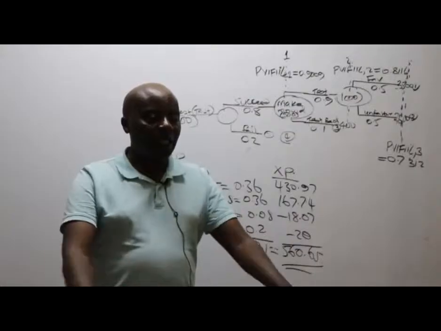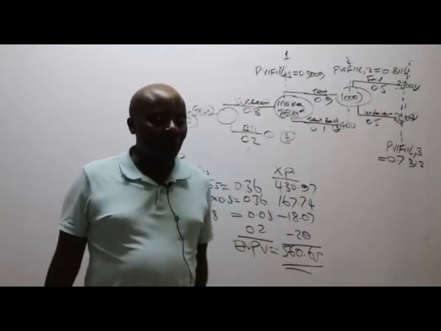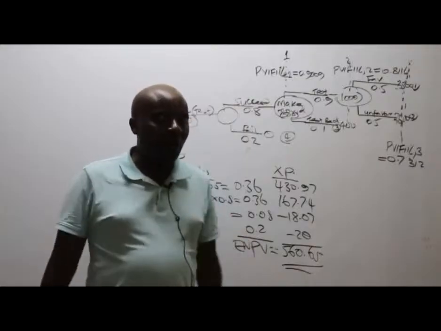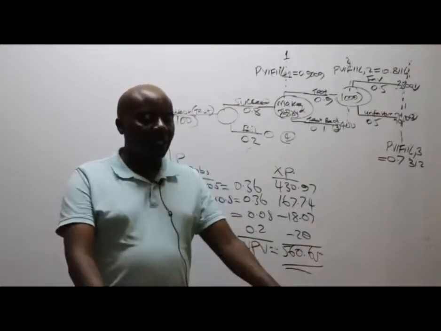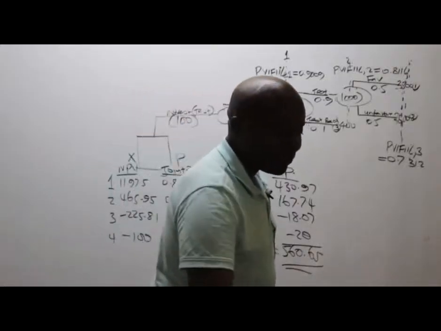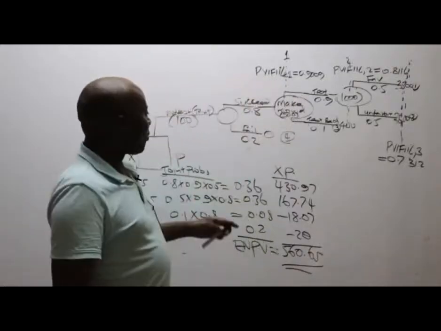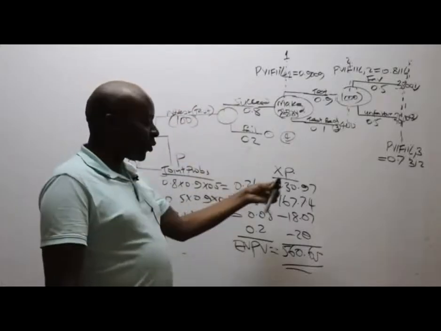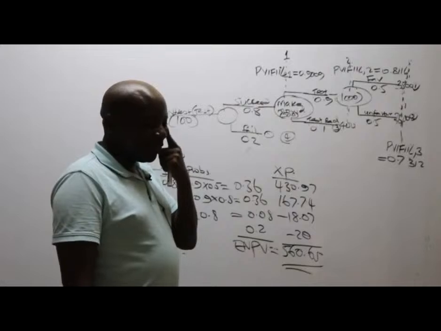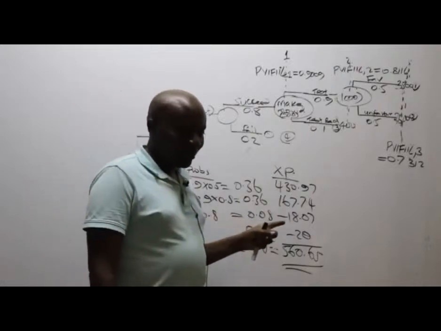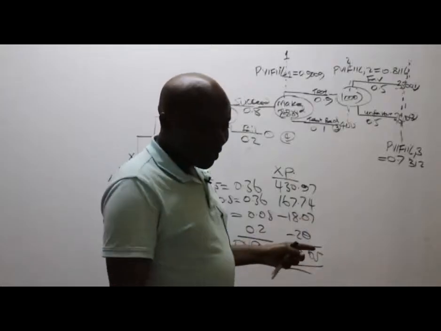This project is viable. Because I'm comparing the expected net present value of this and the other one, which was 0. If it was negative, then I would have said that this project is very bad. I would not recommend it.